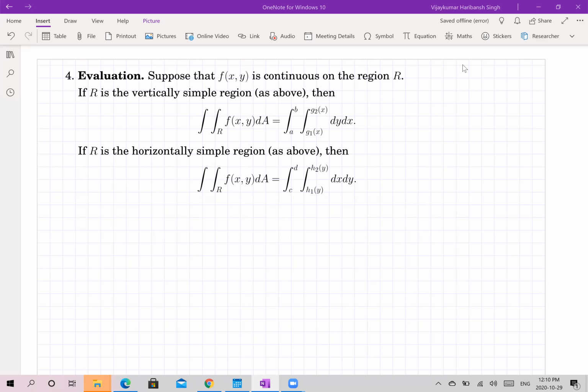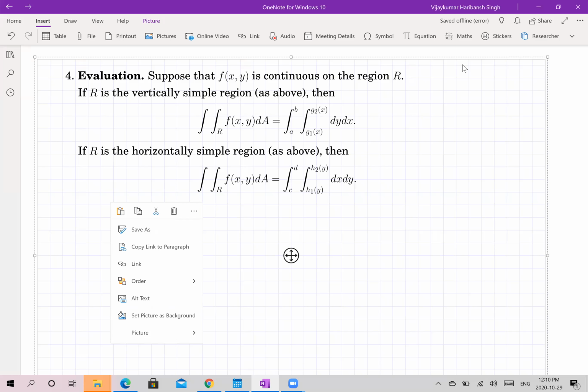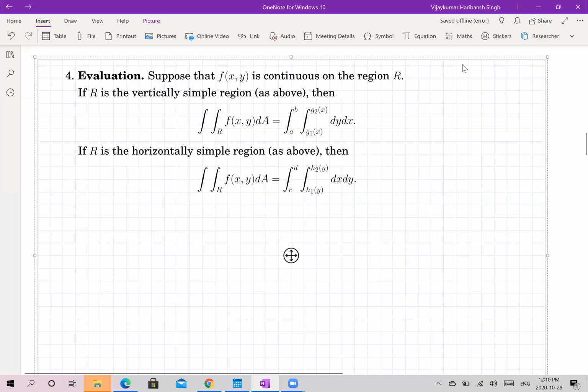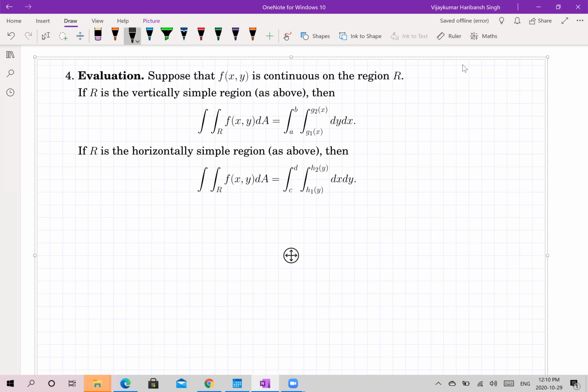Let's find out how to evaluate integrals of f(x,y) over these general regions. If the region is vertically simple, that means it's of type 1, or y first. Now the name y first makes sense.